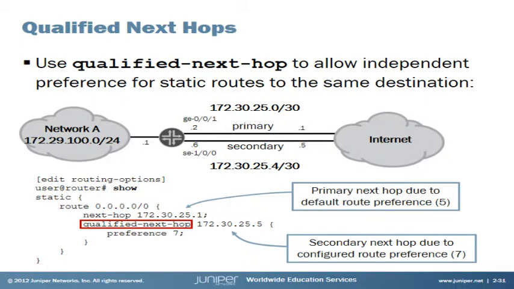How could I have two possible next hops on a default route? Well, what if I've got two internet connections? I've got a nice fiber connection that comes into my premises, and in normal operation, I'm going to be sending all my internet traffic out through my fiber link, because that's my best connection.